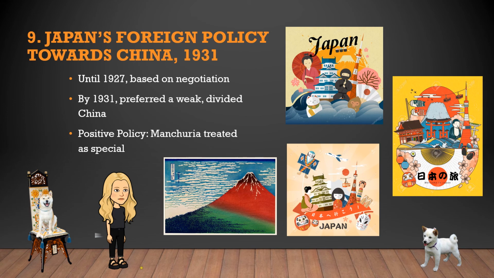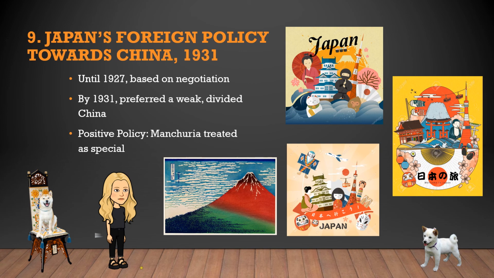Japan stationed some troops to protect its interests in Manchuria and in various port cities in China, but these had been agreed to by treaties, even if they were unpopular in Japan. This was known as the period of the Shidehara diplomacy, named after a Japanese foreign minister, Shidehara, who promoted the use of diplomacy instead of military action.